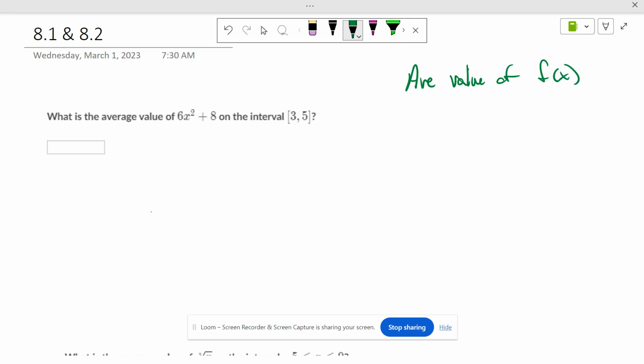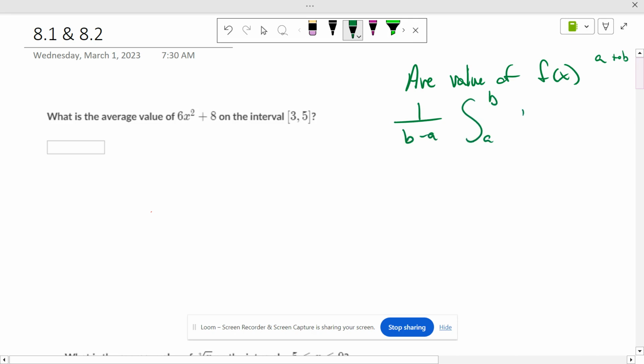To find the average value of f of x that goes from a to b, you take 1 over b minus a times the integral from a to b of f of x dx. And you go, well, that's really complicated. Really, it's not too bad.